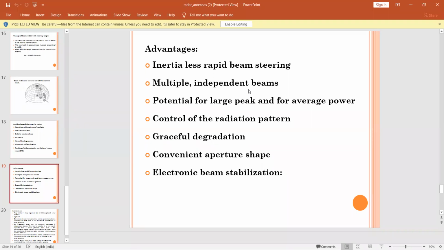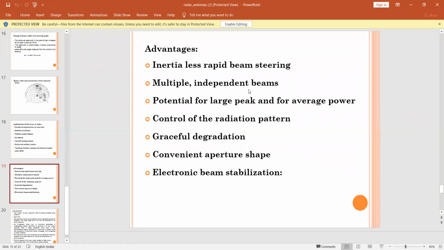The second point is multiple independent beams. A single aperture can generate many simultaneous independent beams. Alternatively, the same effect can be obtained by rapidly switching a single beam through a sequence of positions.